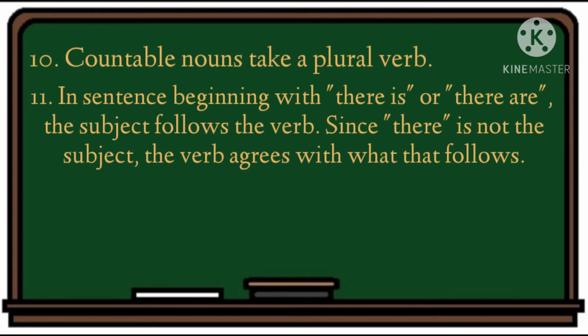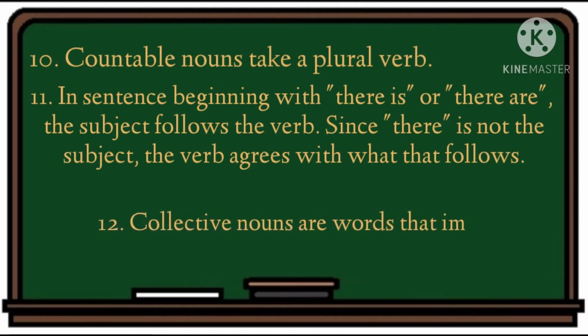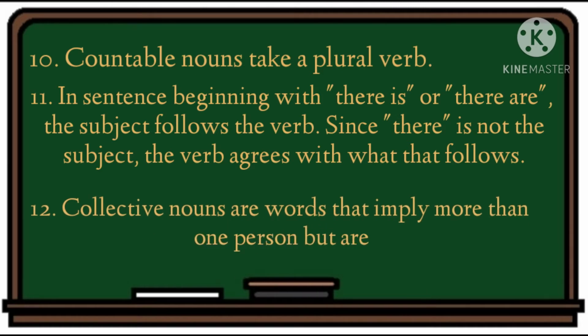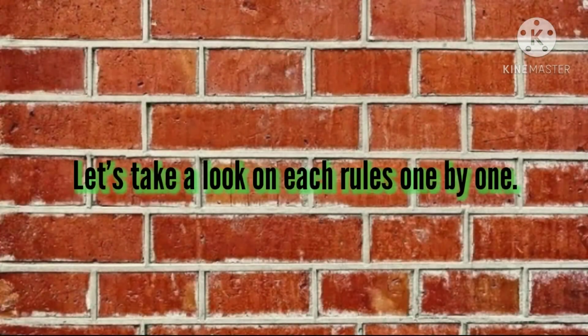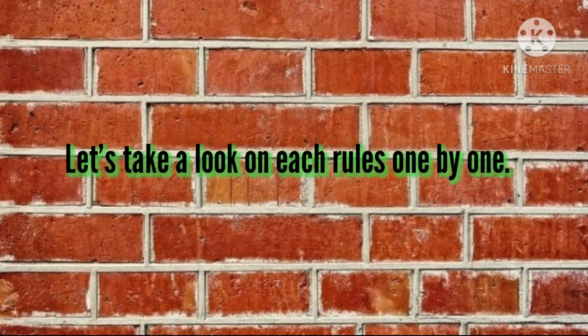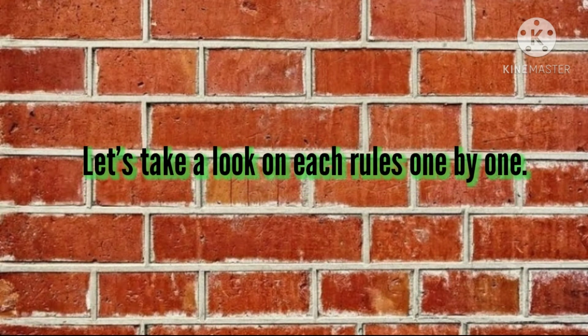Since there is not the subject, the verb agrees with what follows the verb. And last, collective nouns are words that imply more than one person but are considered singular and take a singular verb. Now let's take a look at each rule one by one.